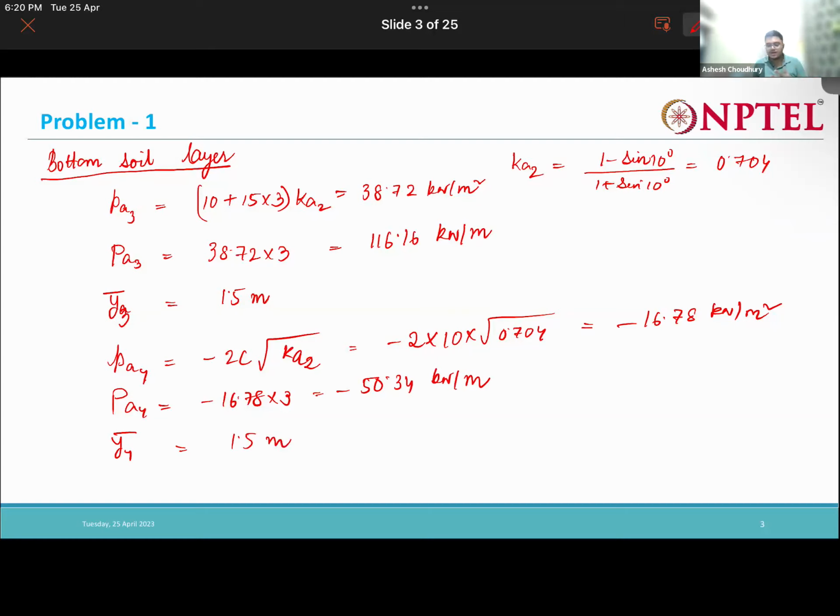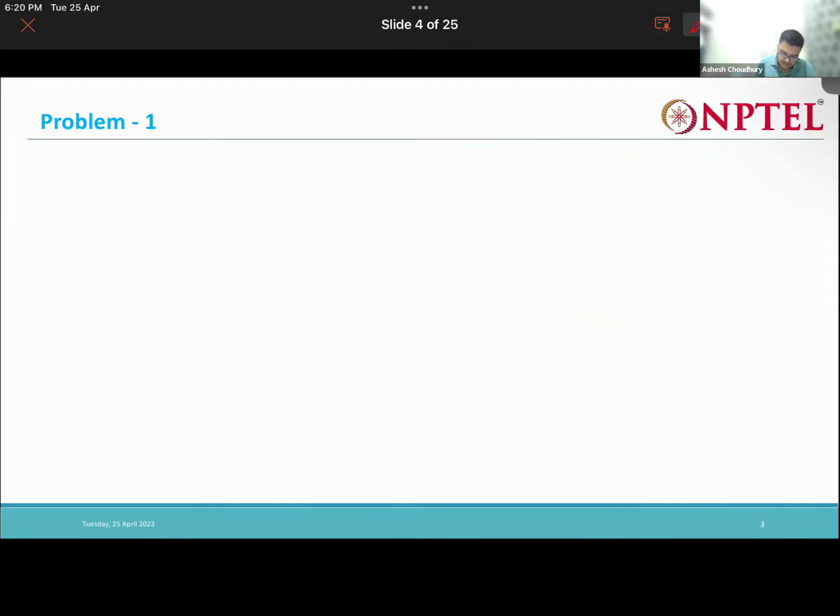Third part is the effect of the soil mass that varies with our depth. So Ka2 gamma 2 z, right? So let us write that. PA5 is equal to K2 gamma 2 into Z, so nothing but 0.704 into gamma. Gamma for the bottom layer is actually 20, and there is 3.